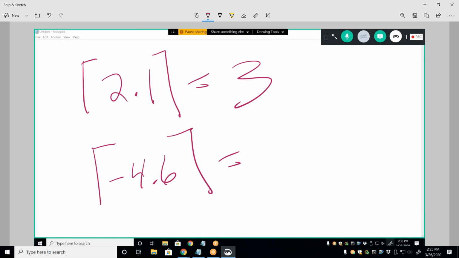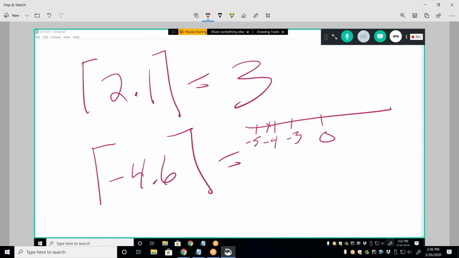Go to the right. Draw your number line out. Put all your numbers on it. There's -4. There's -3. There's -5. Where is this? It's right there, right? Which way do you go? Always go to the integer. They're called greatest integer and least integer for a reason. Your answer is always an integer.